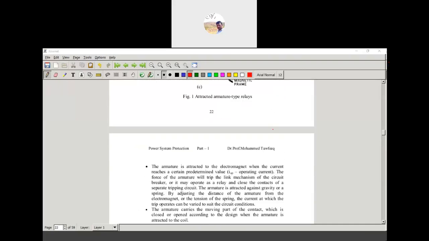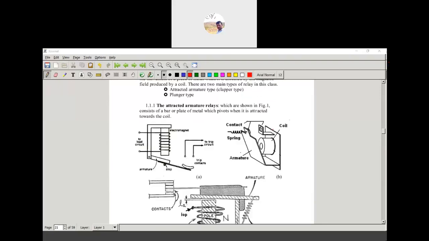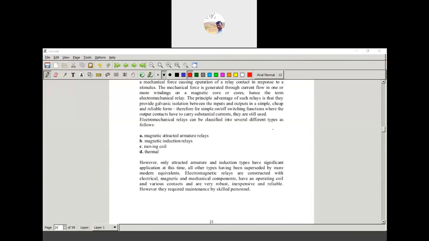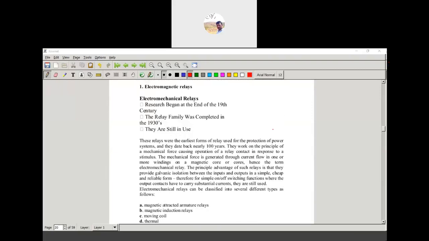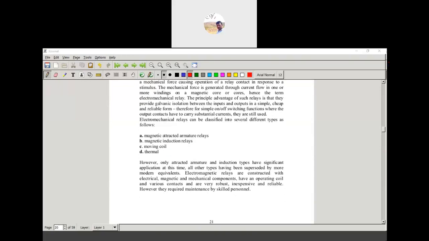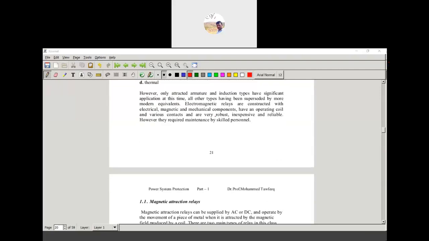We have the electromagnetic relays, and in that type we have the armature type that we are discussing, and another, the magnetic induction relay. So moving coil, thermal coil, magnetic attracted armature type relays, that we have discussed.